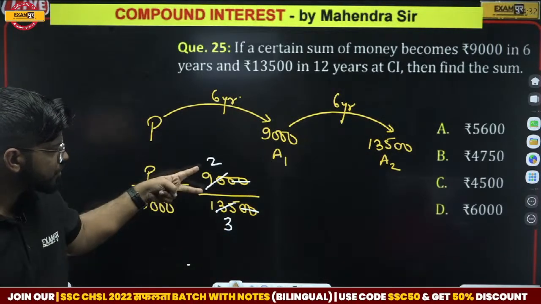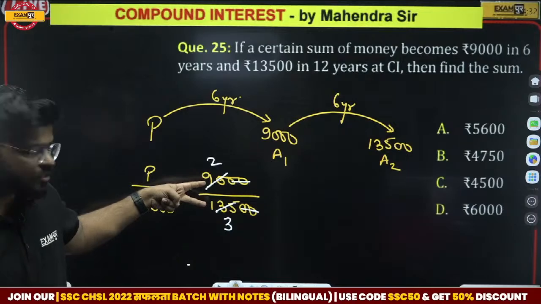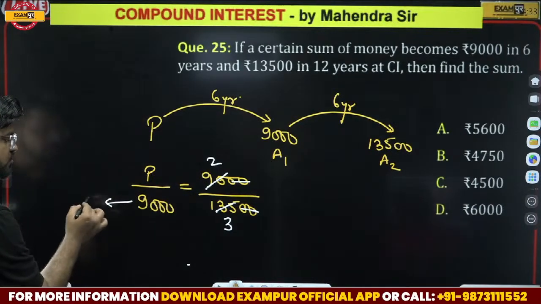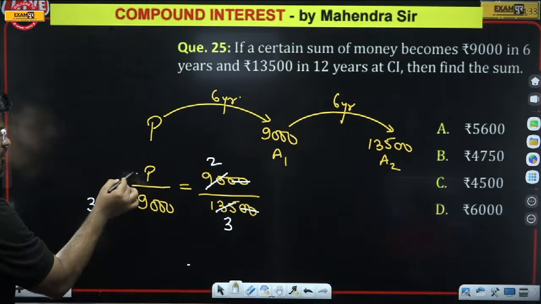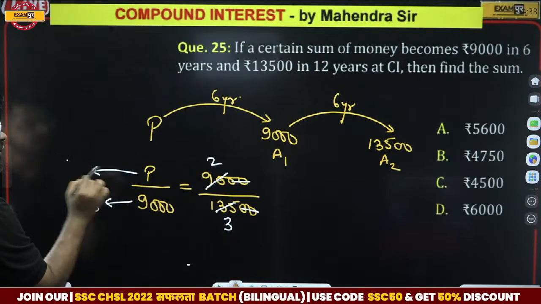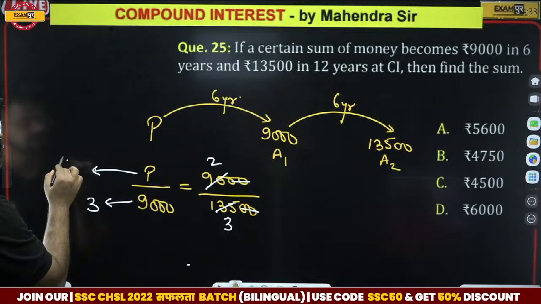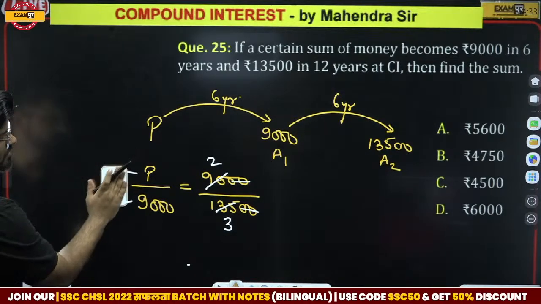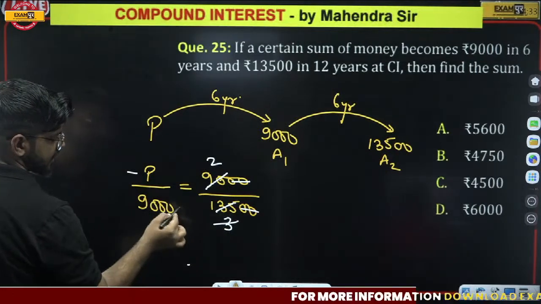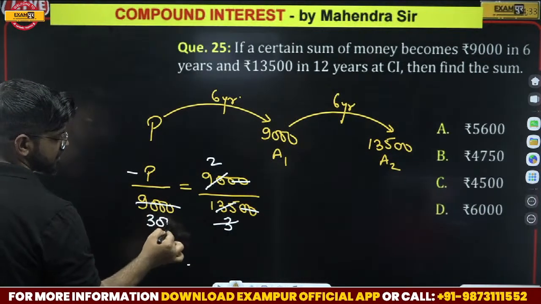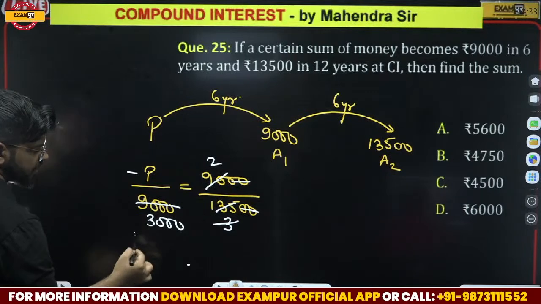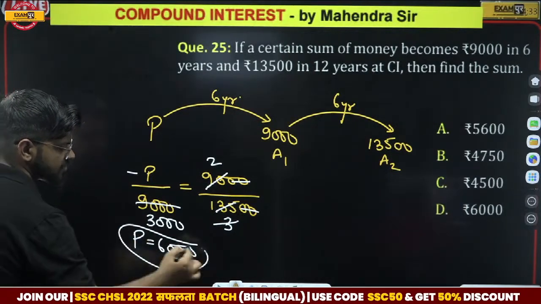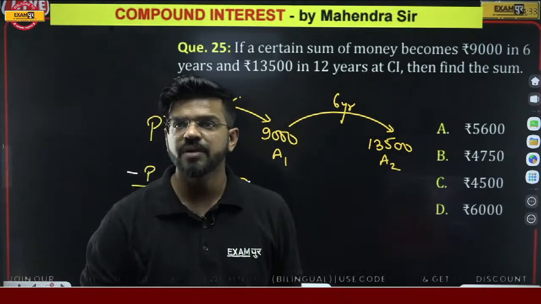Now this ratio is 2 by 3, so this ratio should be 2 by 3. Now if this equals 3, then this should equal 2. That means 6000. Right? Or you can directly solve. 3 is cancelled out here, it becomes 3000, and this goes here, then P becomes 6000. So 6000 is my right answer.